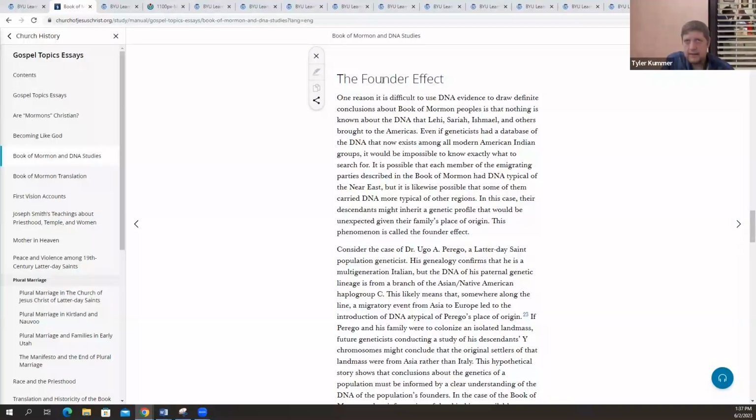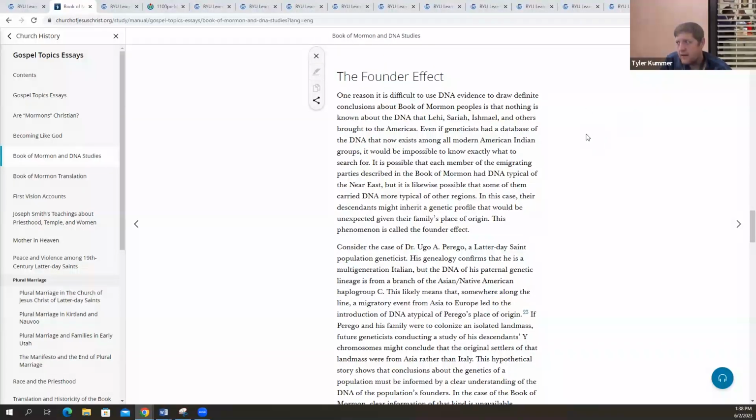Essentially, with such a small group leaving Jerusalem as part of that story, that small group may not reflect the allele frequencies, the genetic profile of the source population. And so that's one place where we could see significant genetic differences, just due to founder effect.